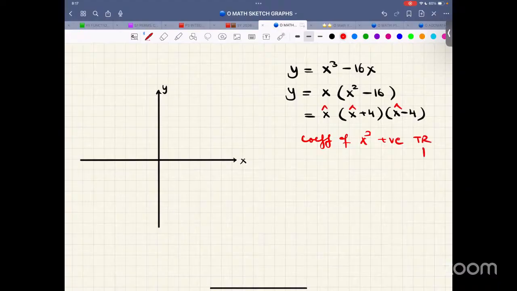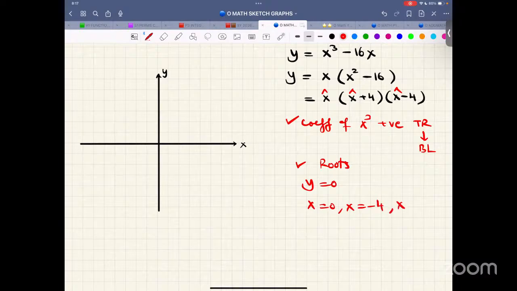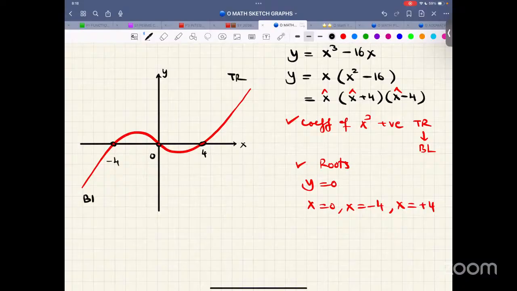So top right, bottom left, and then the roots. That is y equals 0. So x is 0, x is negative 4, x is positive 4, and it should be symmetrical. And that's how it goes. This is positive 4. This is 0. This is negative 4, top right, bottom left, because the coefficient of x cubed is positive.